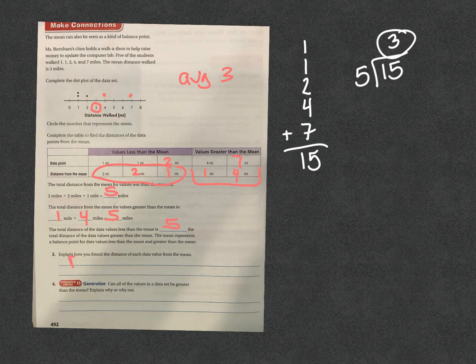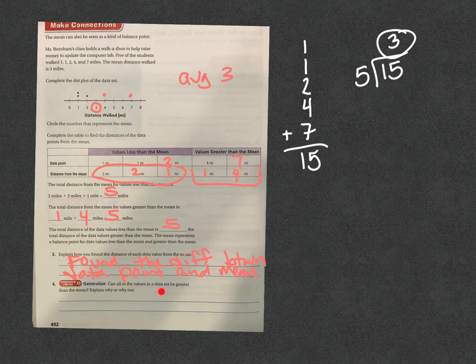So we found the difference between the data point and the mean. And that helped us organize how many were less than the mean, how many were more than the mean. And it should be fairly balanced if you've got the mean correct. It should be pretty close to the same amount.